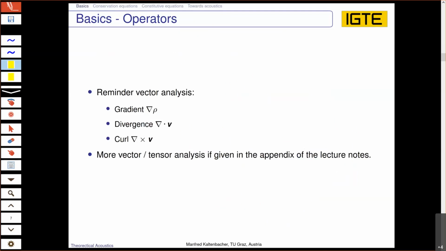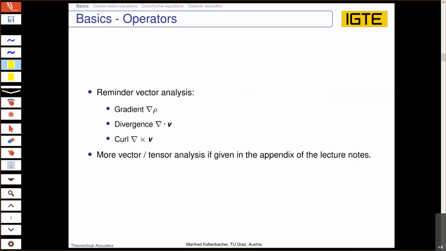Yes, this is true for standard vector analysis, but actually a general description is done with tensor analysis. And we will need in fluid dynamics, and I think you know it, you already had the course in fluid dynamics, the gradient of a vector. So it is a very restricted view when you just consider vector analysis. But we will extend it a little bit, without going into too much detail, towards tensor analysis.